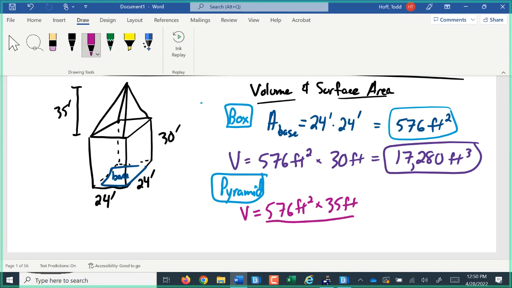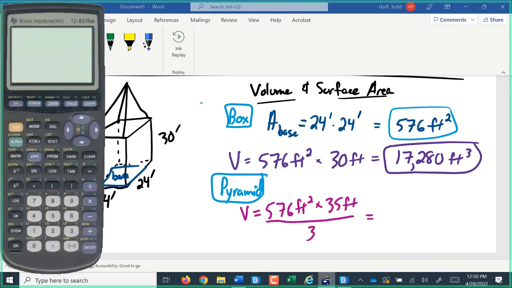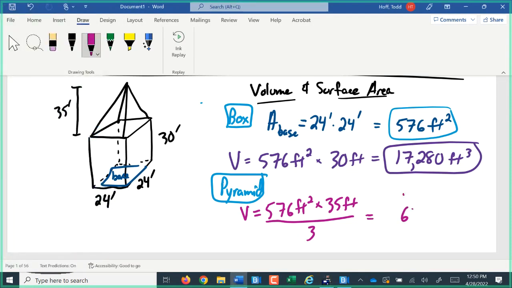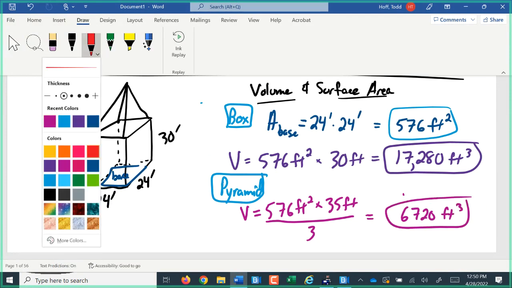Divided by 3. Volume's three-dimensional, so we divide by 3. So what's that give us? 6,720. Perfect. Cubic feet for that. So we add those together, we get a total volume.